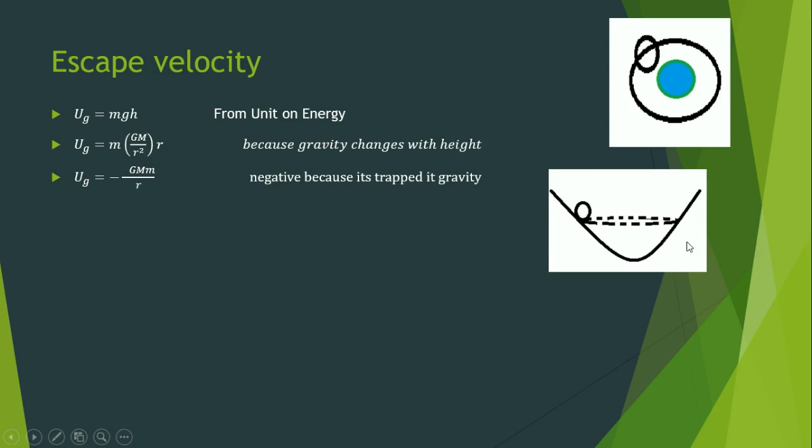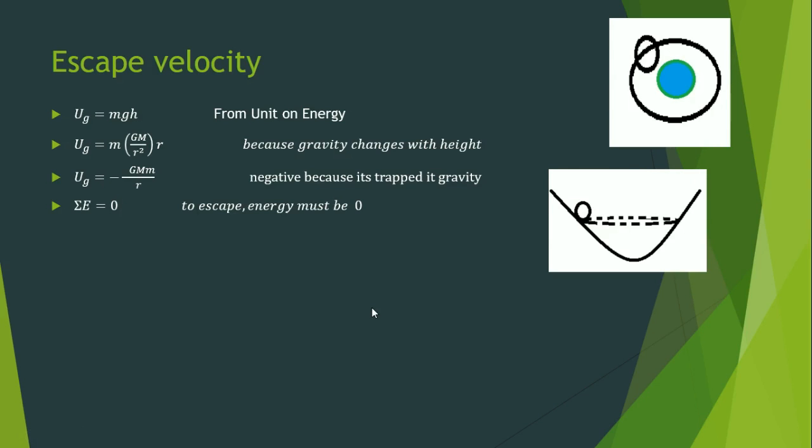And since it's in a hole, it will always keep on orbiting, because it will never leave because it's trapped. So to escape, you just need the energy to equal 0. So 0 joules. So if we want this planet to get out of this bowl here, we want it to be at the top here where the energy is 0, and then it'll fall out or it'll just float away.